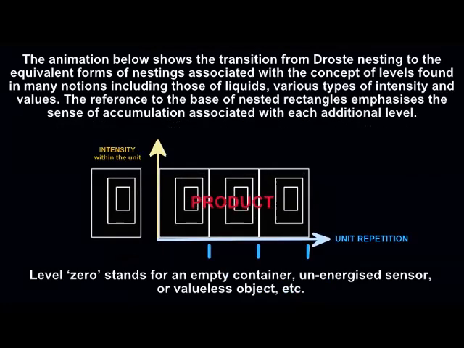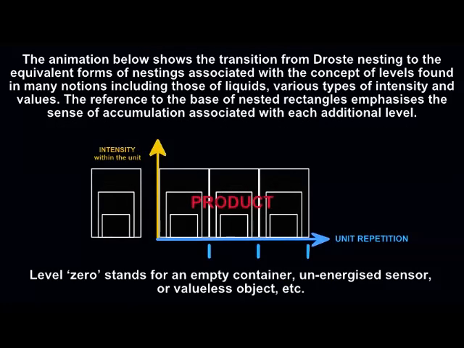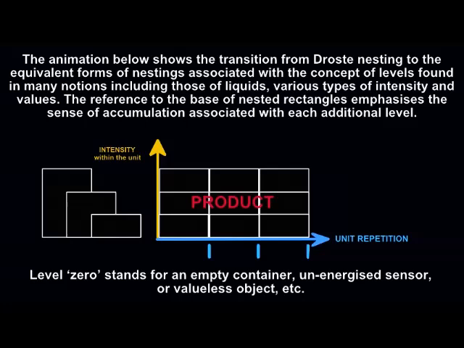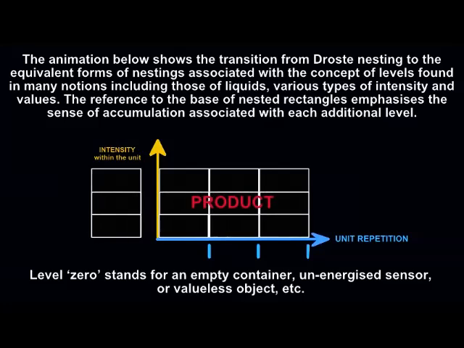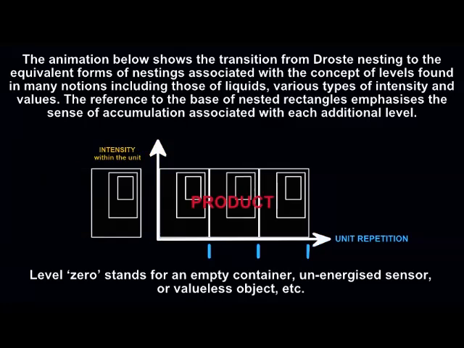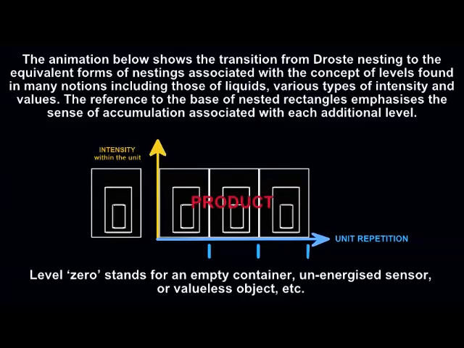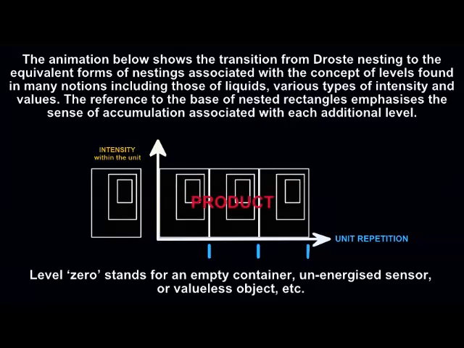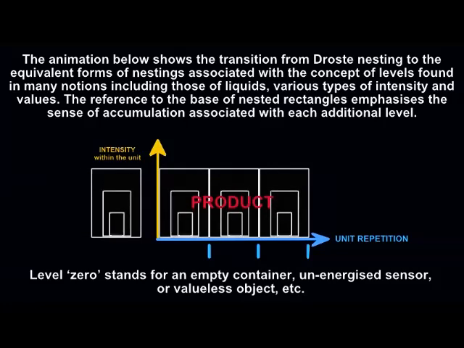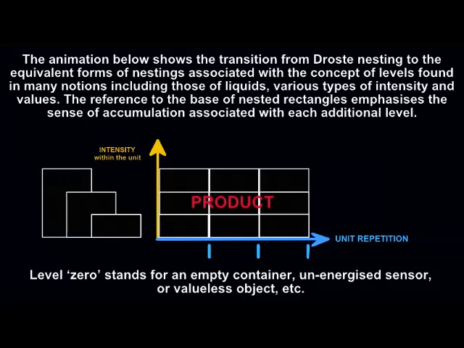The animation below shows the transition from Droste nesting to the equivalent forms of nesting associated with the concept of levels found in many notions, including those of liquids, various types of intensity, and values. The reference to the base of nested rectangles emphasizes the sense of accumulation associated with each additional level. Level 0 stands for an empty container, an energized sensor, or valueless objects, etc.